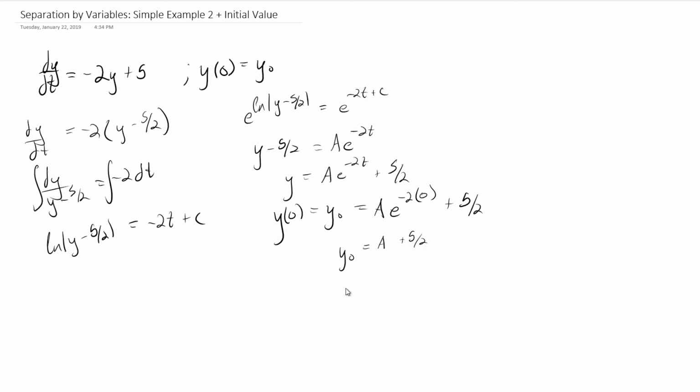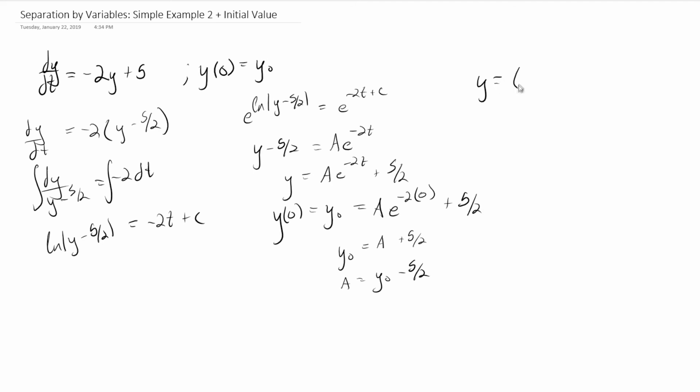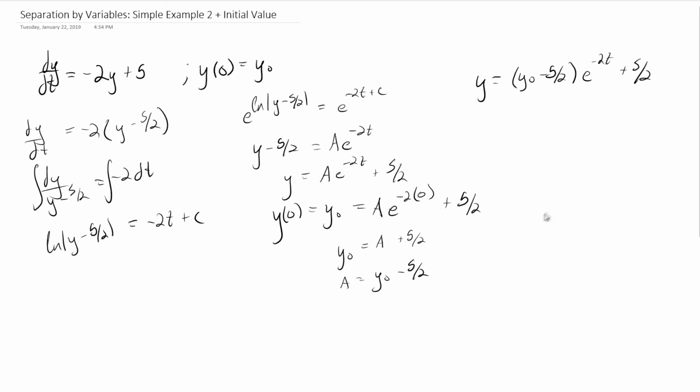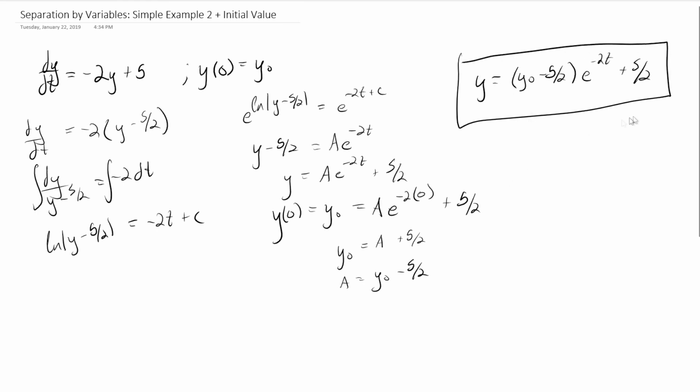And we're going to solve for A. So A is equal to y naught minus 5/2, which we are then going to plug back into this equation. So y is equal to (y naught minus 5/2) times e to the -2t plus 5/2. And that is separation of variables with an initial value.